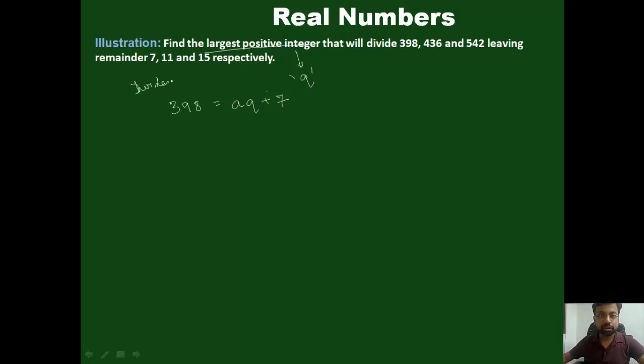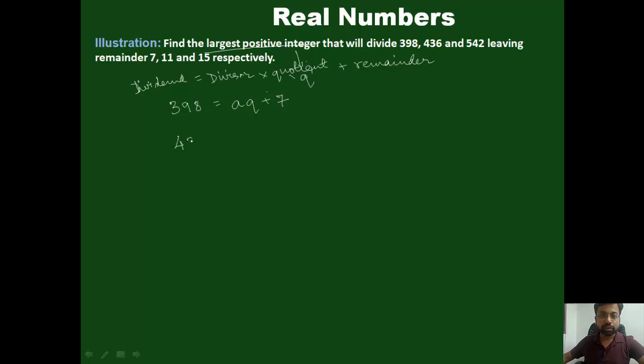What was it? It was dividend equal to divisor into quotient plus remainder. Right, this is what Euclid's division lemma was. So the dividend is 398, you divide it with q, the quotient is a here, and the remainder is 7.